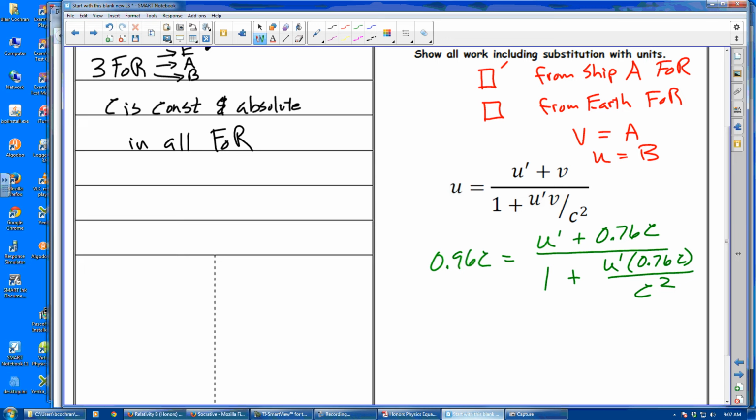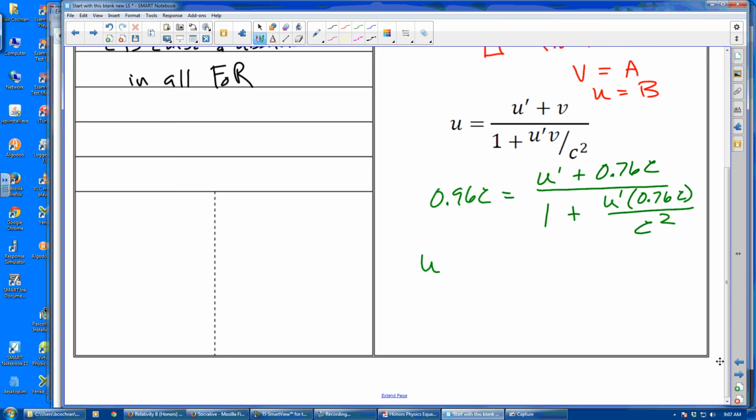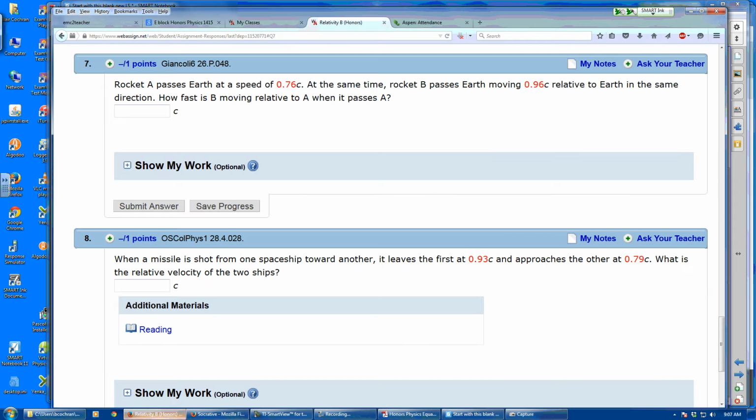Oh good, we only have one variable, and so we can solve. Now, I would recommend solving not for U prime, but solving for U prime over C, because they ask for the answer in terms of the speed of light, right? Now they have the little C next to the answer.